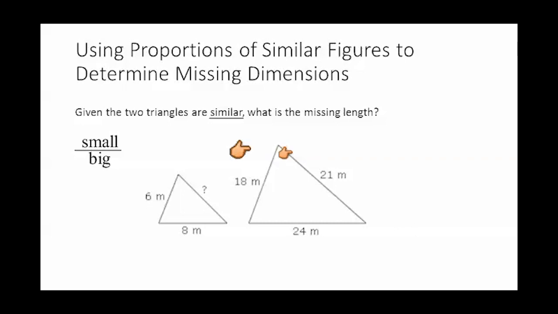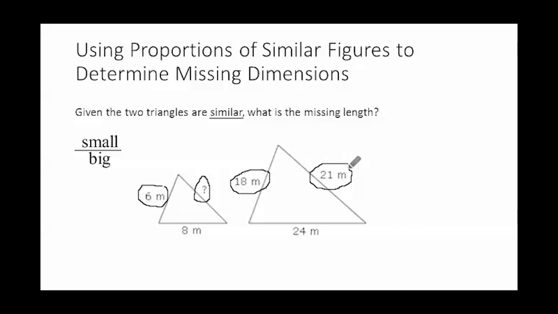I'm going to set up my proportion as the small side over the big side for each corresponding side. So I'm going to use 6 and 18, these two corresponding sides. I know I need to find the missing length, which would be the question mark, so I have to use the corresponding side that goes with that.